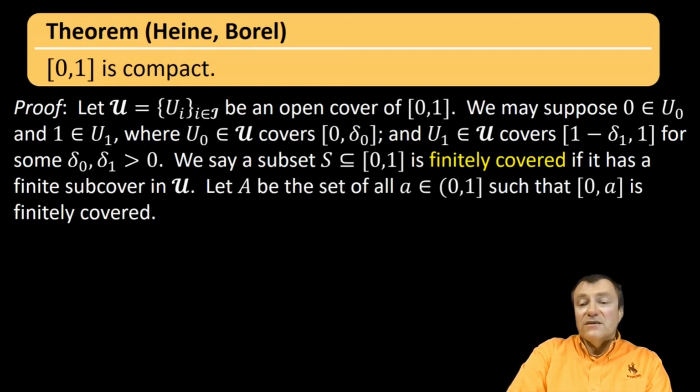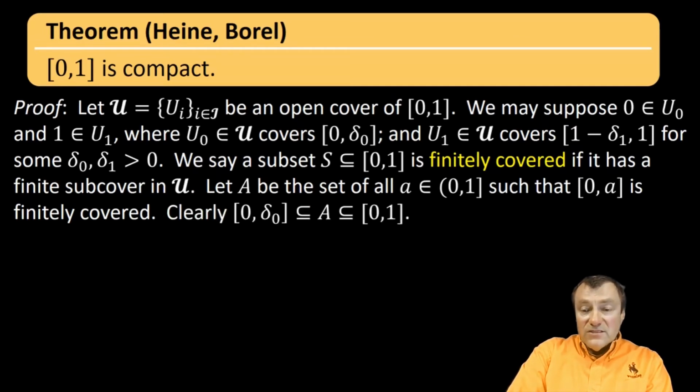Now the question is, how big a subinterval can we find that is finitely covered? Let A be the set of all points little a in the interval, such that the subinterval from 0 to a is finitely covered. Since we've already covered the interval from 0 to delta 0 using a single set in script U, this subinterval is contained in A. Also, A is at most the entire interval [0, 1].